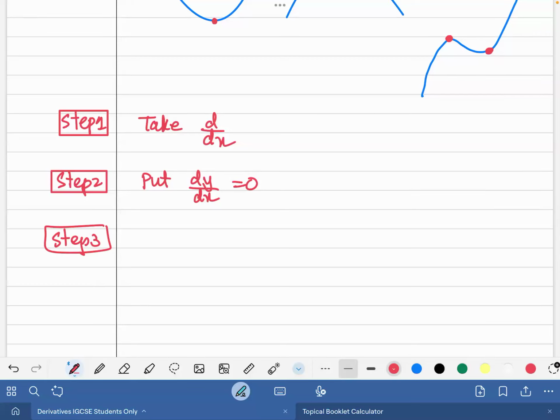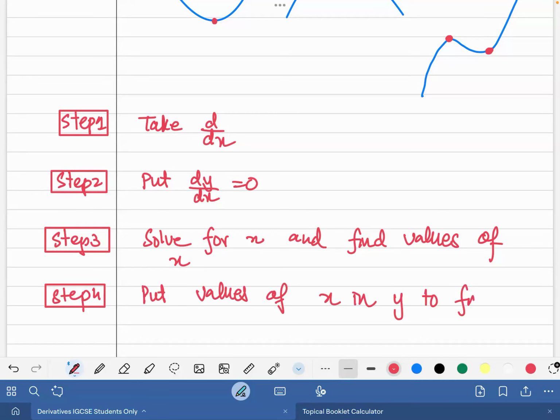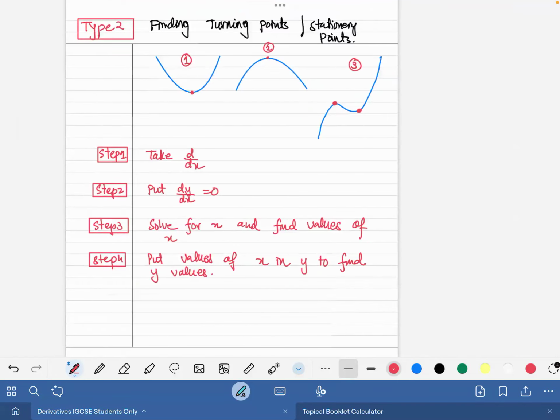Step 3: solve for x and find the values of x. Step 4: put the values of x in y to find the y values. That is type number 2 of the question.